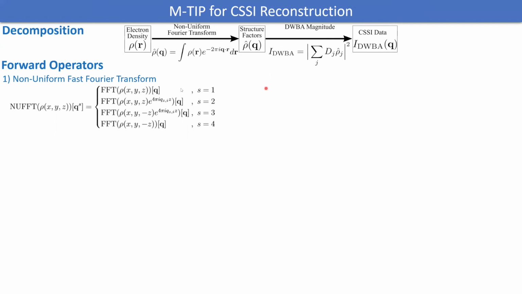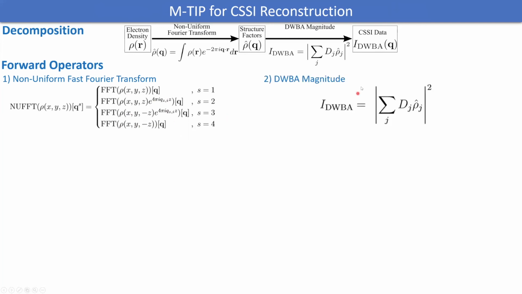But the neat thing is you can still express that in a series of just normal Cartesian FFTs, but this time you have to do 4 FFTs, one for each of those reflection terms. And to deal with the translations and reflections, you have to multiply by various phase factors or reflections of the density in real space before you take the FFT.